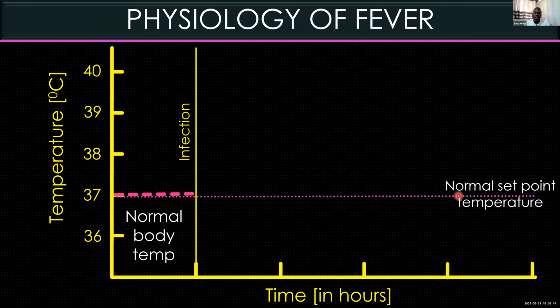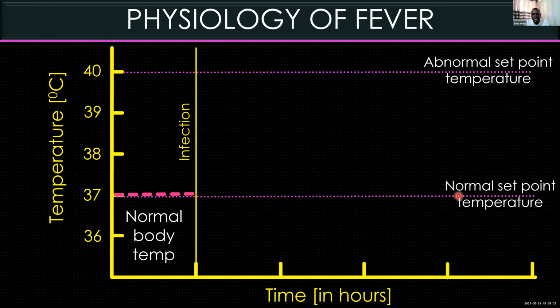Those infections, because of the things they cause to be released in your body, those cytokines reset the set point temperature in the hypothalamus to a higher level. For the sake of this discussion, we can say that the infection has reset the set point temperature to 40 degrees. It could be 38, it could be 39. It could be 40 or higher.